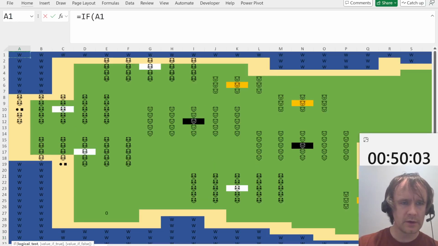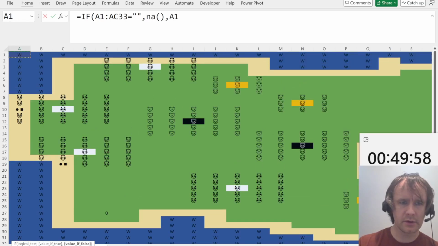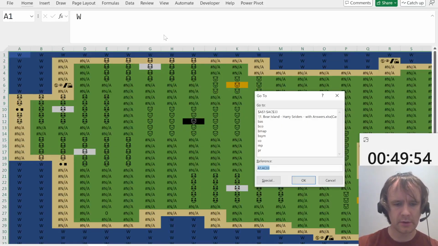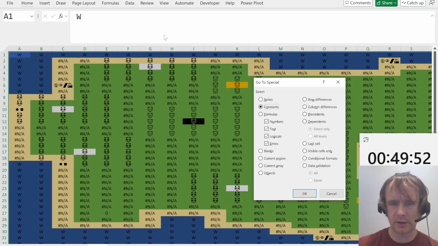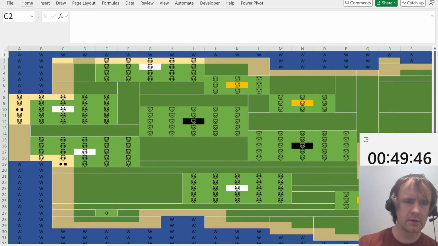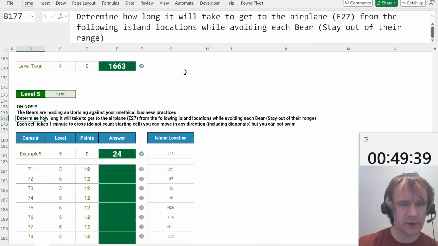If this equals blank, then NA, otherwise this. And then I can Control G, Alt S, constants, errors, and delete. Okay, and now I just want to pick one that is not at the edge, and I'm going to say, wait, do I get diagonals or not?